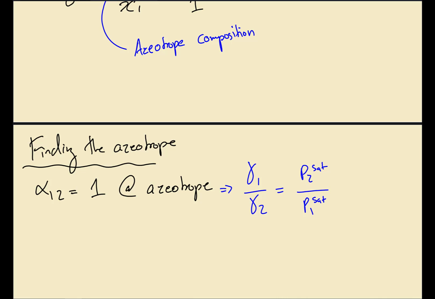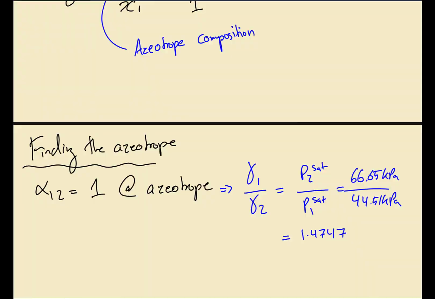p2 sat and p1 sat are known. So we plug those in, 66.65 kilopascals and 44.51 kilopascals, because we know the temperature. We get a value of 1.4747. So now our goal is to solve for the composition.